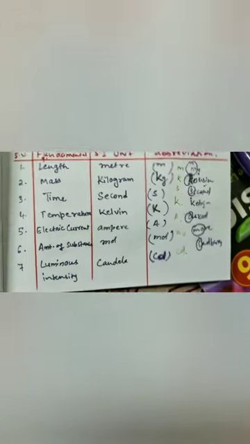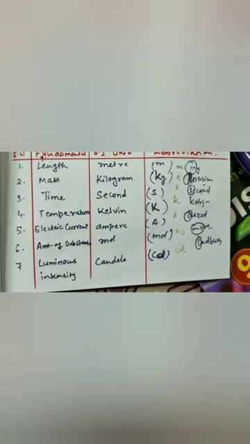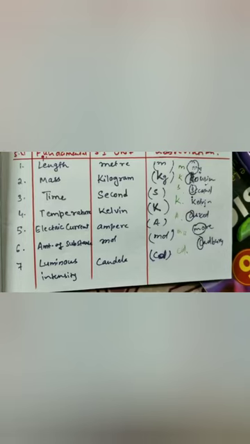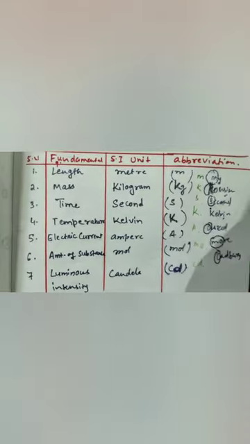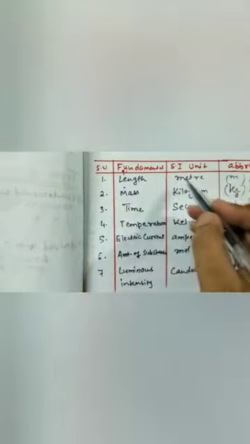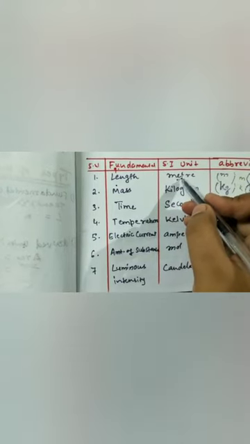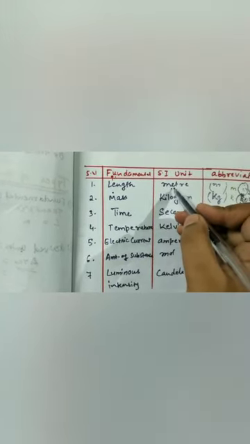The units of the derived quantities can be found out by knowing the formula of the derived quantities. Suppose we have to find the unit of area. Then we see the unit of length, meter, and the breadth unit will also be the same, meter. So we multiply meter by meter and we get the unit for area. If the area of a square is side into side, then for measuring the side we use the unit of length, that is meter and meter. So we get meter square.